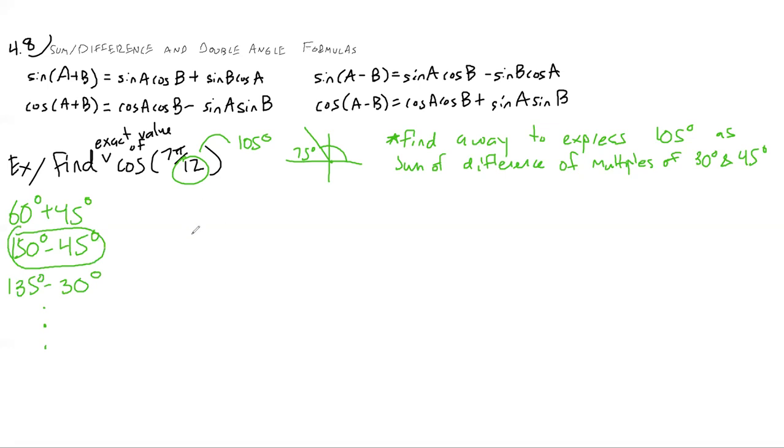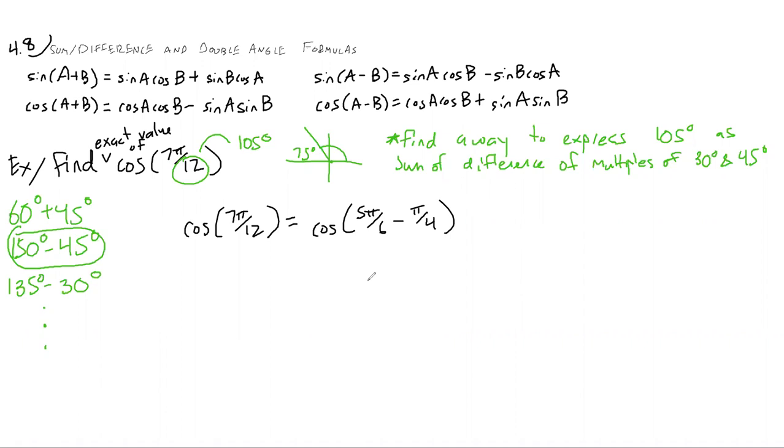So I'm going to write cos of 7 pi over 12 is going to be equal to cos of, so 150 should be 5 pi over 6, and then minus pi over 4. Right, so that's my 150 minus 45 degrees.